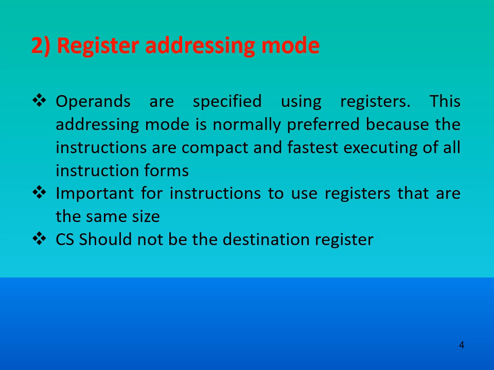And a few restrictions here. It's important for instructions to use registers that are of the same size. And your CS register should not be the destination register. This will be one of the fastest executing of all the addressing mode instructions. Why?